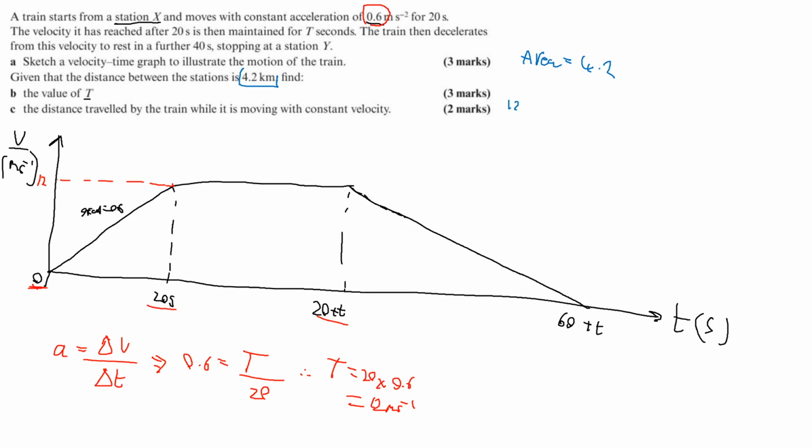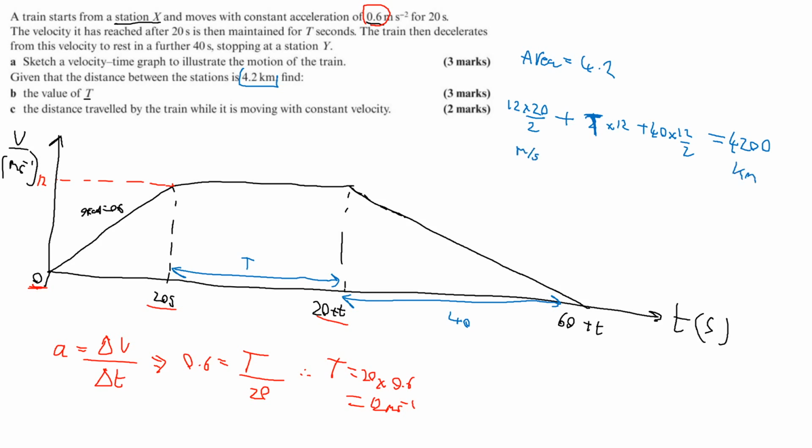So, 12 times 20 over 2, plus, we know this distance here is t, so t times 12, plus, from here to here is 40, so 40 times 12 over 2. That's all equal to 4,200, because this is in meters per second and this is in kilometers.